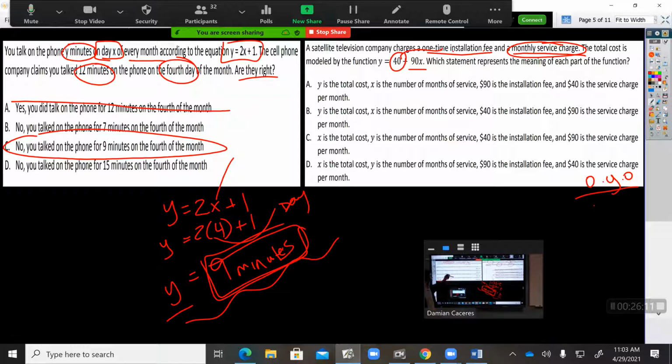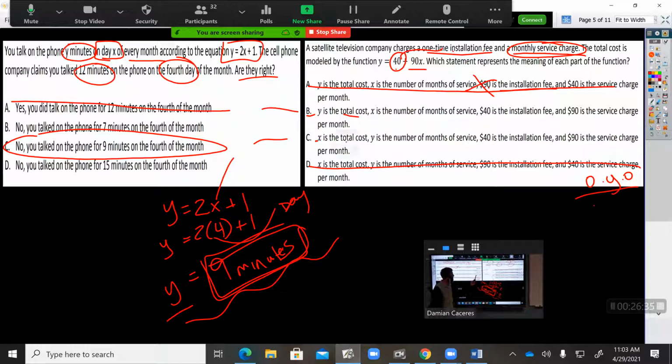So first of all, we can eliminate answer choice A and answer choice D. Why? Because 90 is not your installation fee. The installation fee has to be the constant, which is 40. So between these two, the only difference is one says Y is the total cost and X is the months.